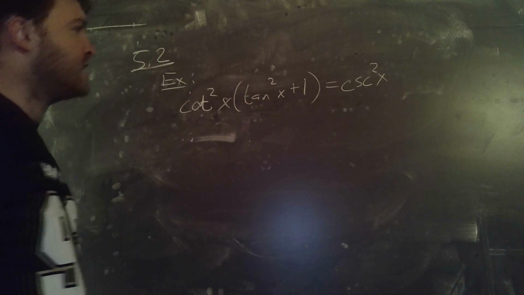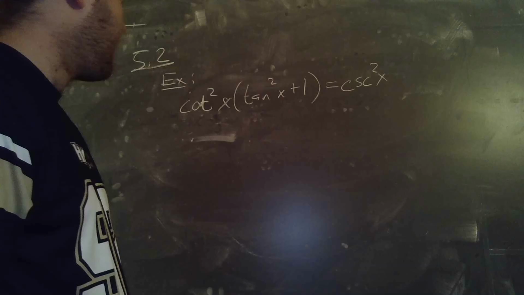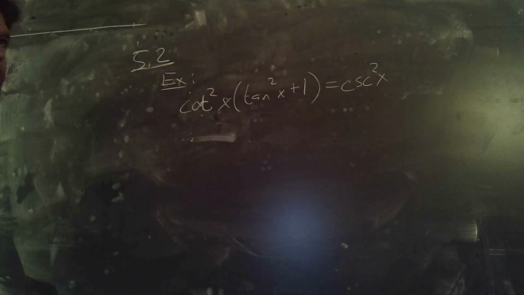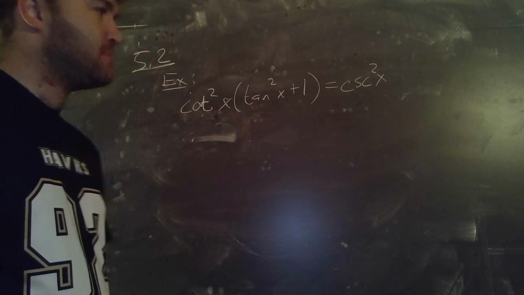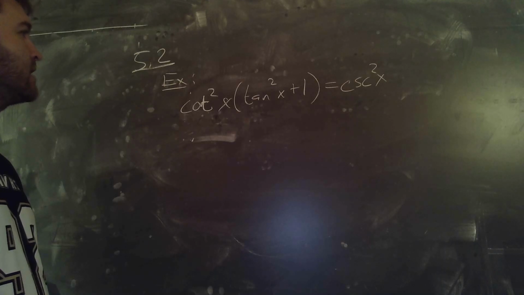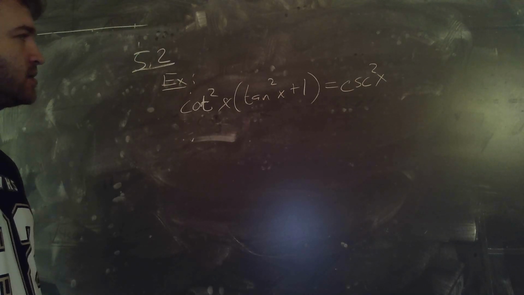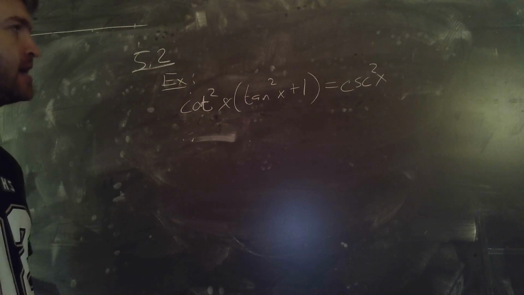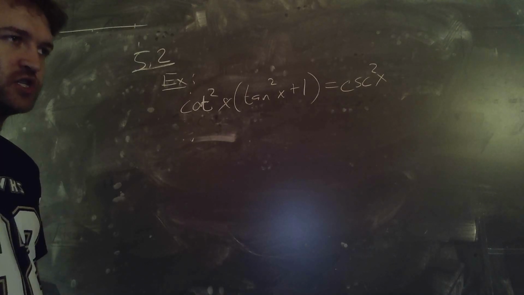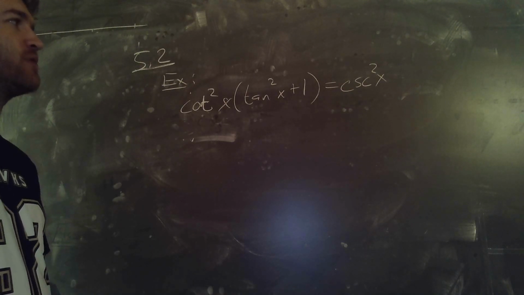Okay, so tangent squared plus 1. As I'm looking through this, I'm going to check, are there reciprocal identities that I know? And immediately, there are some, but they're not particularly helpful. Product identities, yes, I could do something here, but it would be out of order with the checklist. It would require algebra first.